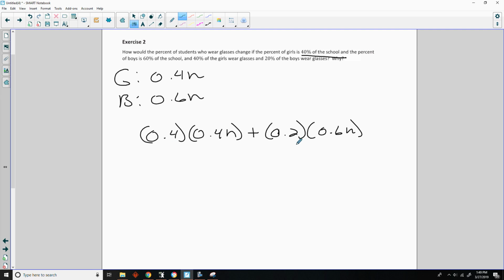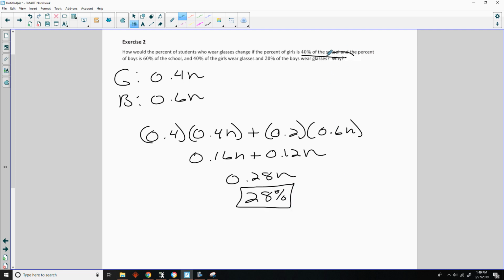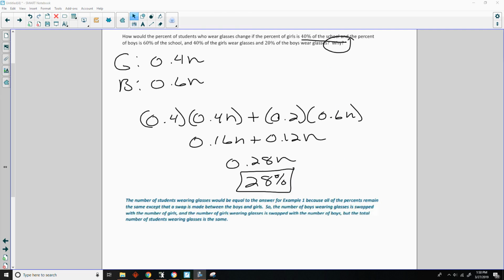And in the total, the number that will come out in front of the N is going to be my percent. So 0.4 times 0.4 is 0.16N plus 0.2 times 0.6 is 0.12N, and 0.16 plus 0.12 is 0.28N, or 28%. And then it says why.